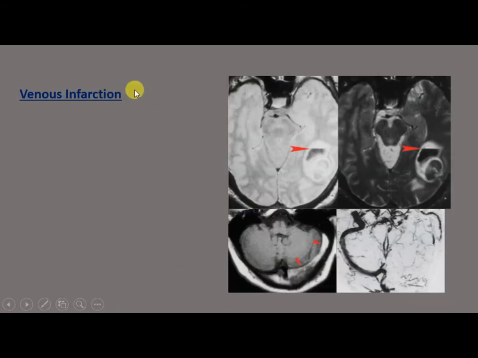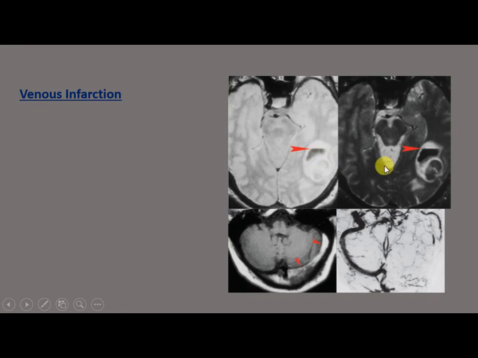Venous infarction is not common, but it's important as a radiologist to differentiate it. Venous infarction may occur in any sinus or any cortical vein occlusion, and on this MRI, both are T2.